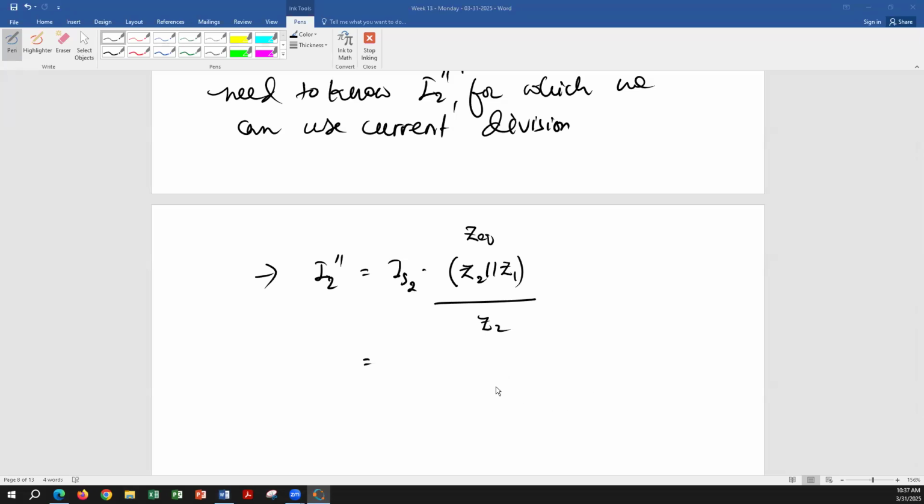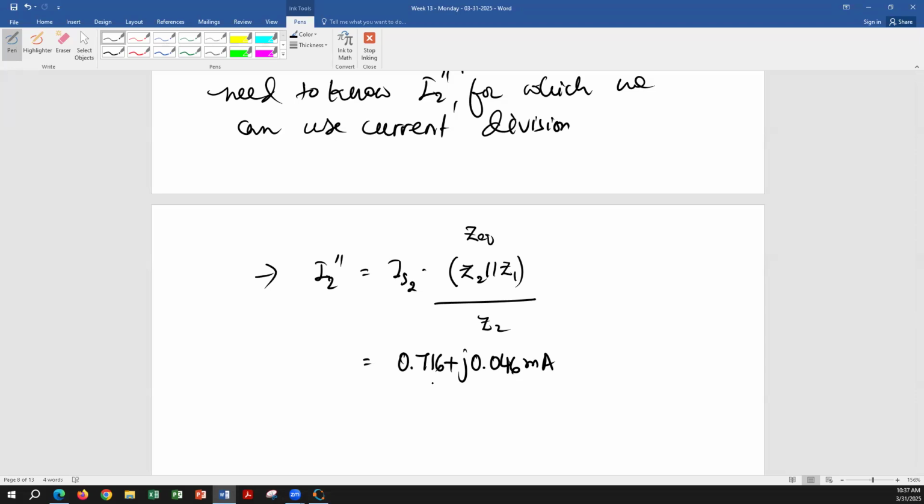I'm getting 0.71 plus j 0.04 milliamp, 0.046, or 0.716 milliampere. See if you're getting the same result.